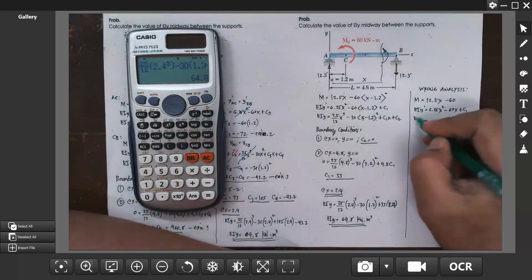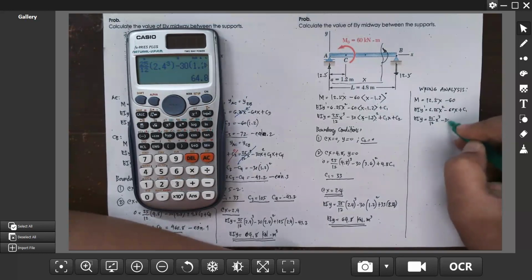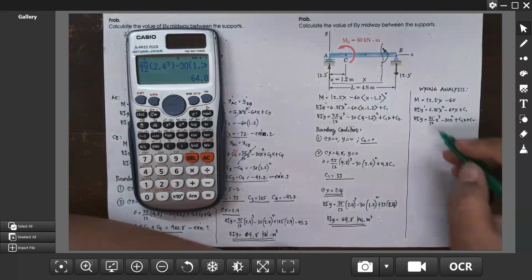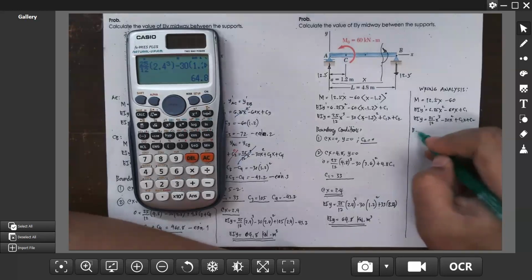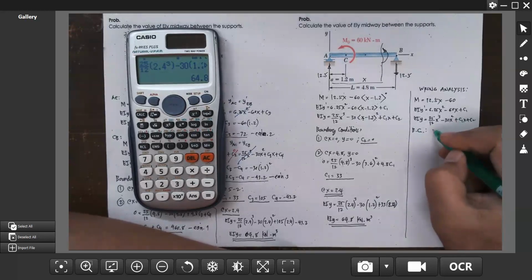And then EIy is 25 over 12 x cubed minus 30x squared plus C1x plus C2. Okay. Boundary conditions.